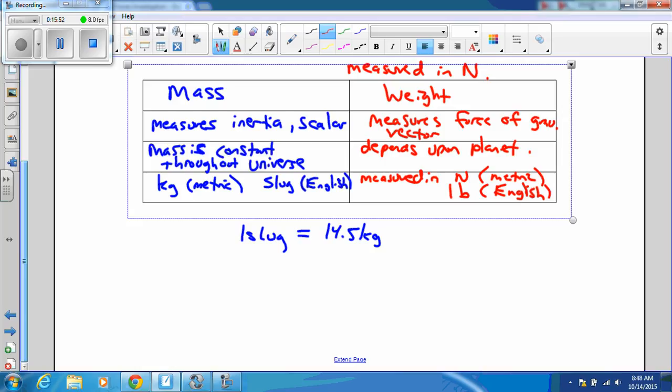No? Do you know your mass in kilograms? What is your mass in kilograms? 63, 64 kilograms. So your weight would be 126 plus 12 plus 13, going to be 139 pounds. Yeah, that's about right.